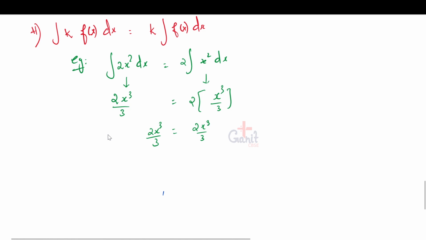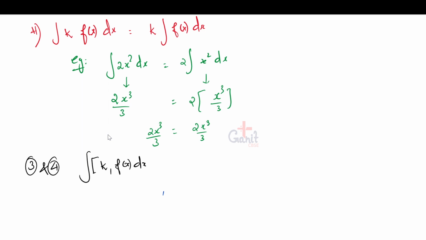Finally, I can combine the property of third and fourth and write it as one expression. For example, if I have constants and all the functions are written as one expression, then I can write them separately also.